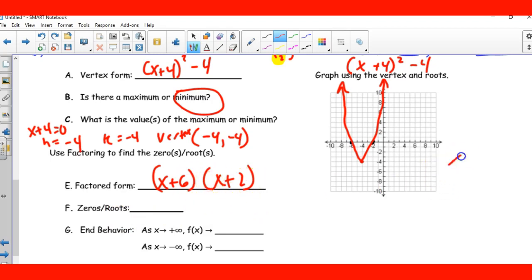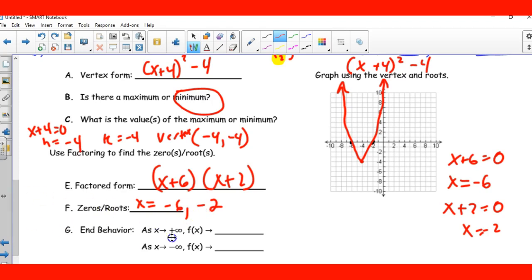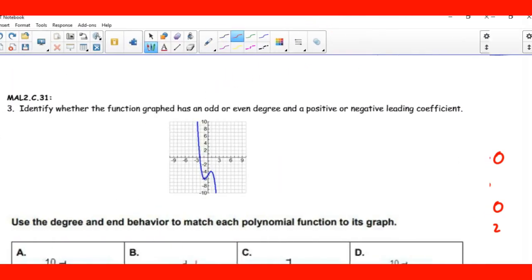If I take both of those and set them equal to 0, I get negative 6, and x plus 2, I get negative 2. So x equals negative 6, negative 2. Now end behavior: as x goes to the right, notice the graph goes up, so it's positive infinity. And as x goes to the left, it goes up, so positive infinity. That's end behavior.